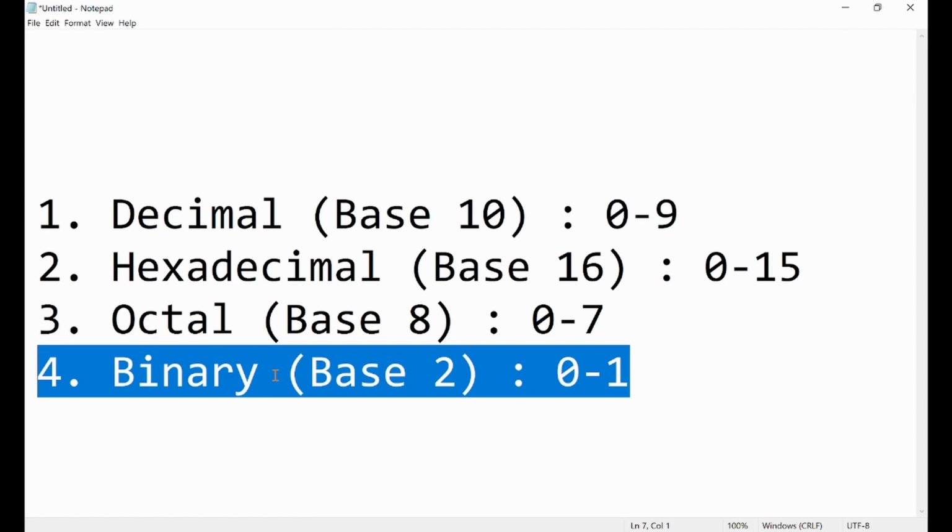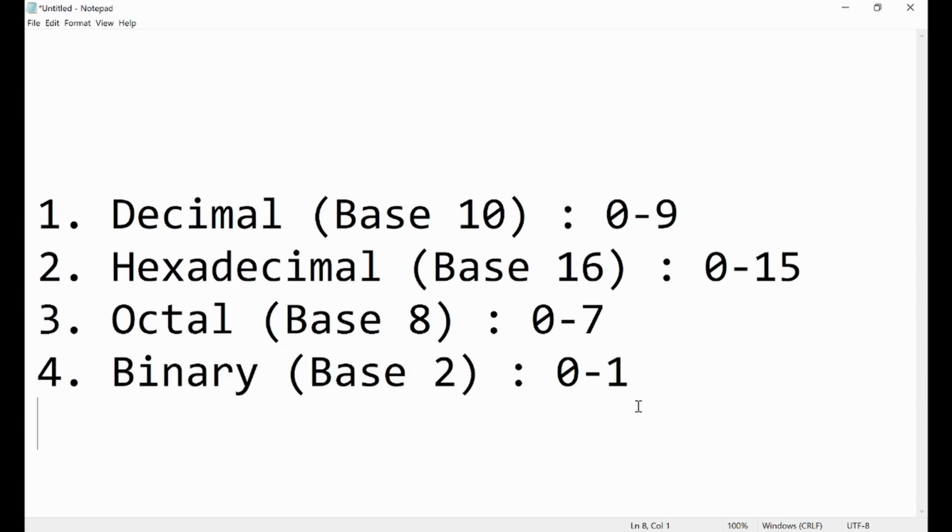For me, I can operate in all these 4 number systems. I don't know whether you want to learn something new, but if you love IT, you have to learn.